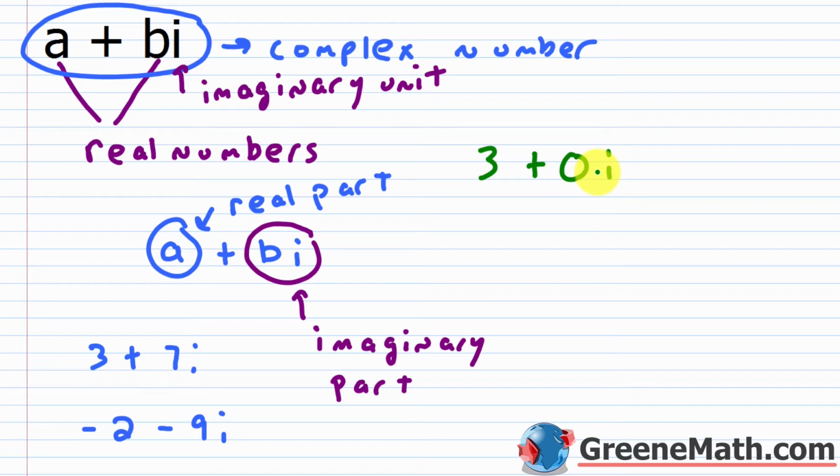So this would be just 3, right? I'd have 3 plus 0, which is just 3. So I took a real number 3, and I wrote it as a complex number, 3 plus 0i. So again, that tells us that the real numbers are a subset of the complex numbers, right? They're part of them. As another example, I could take something like negative 16, and I could write it as negative 16 plus 0i. And again, this is just negative 16.